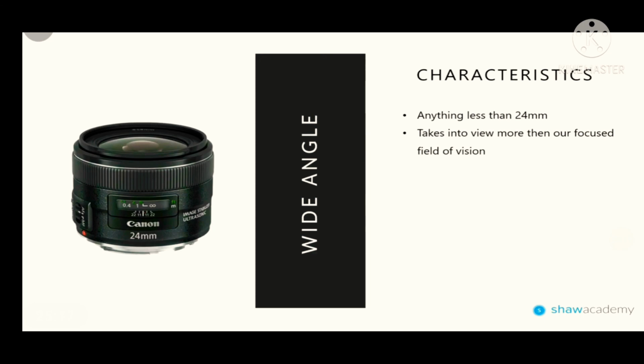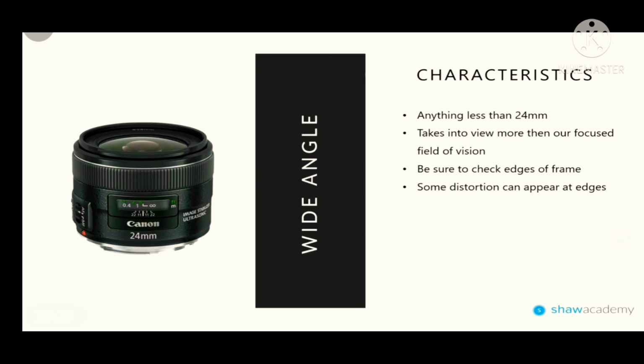Using a wide angle lens, we're going to see much more than this. So you want to be sure to check the edges of the frame when you're using these lenses, because we have a tendency just to look straight into the center. But because we're actually seeing more than what we typically see when we're using these lenses, you want to be sure to run your eye over the edges of the frame as well.